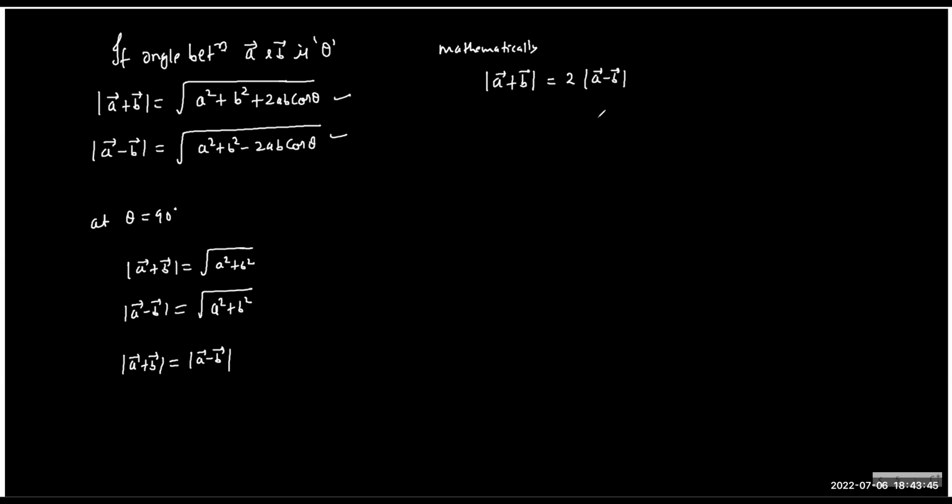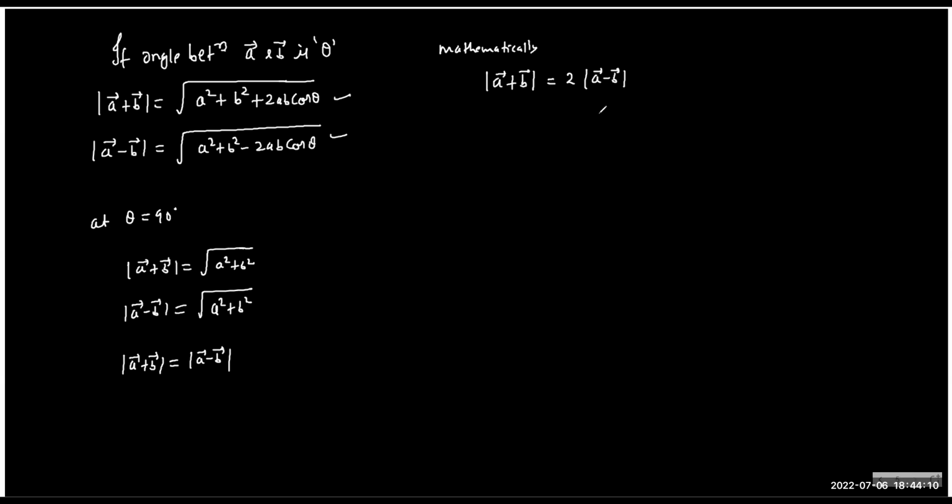When the summation is bigger than the difference, it's 2 times. So which one is bigger, the sum or the difference? The sum is bigger, no? So when will the sum be bigger in length? When the angle is obtuse or acute?